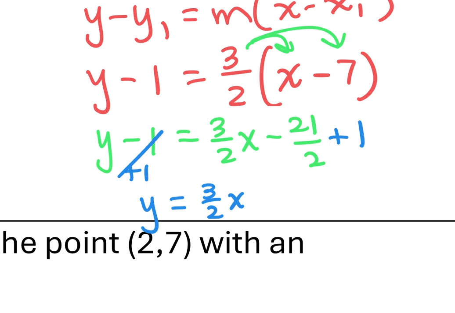we get what? You have a calculator, put in negative 21/2 plus 1. Y'all are being lazy. It's not negative 10. What is it?